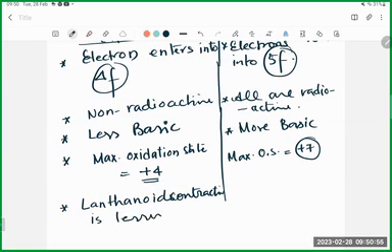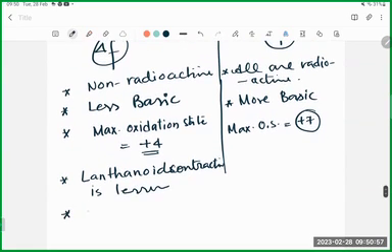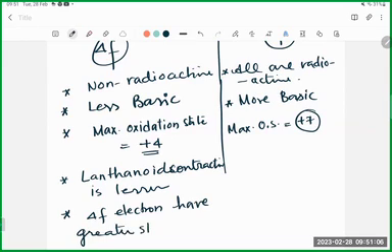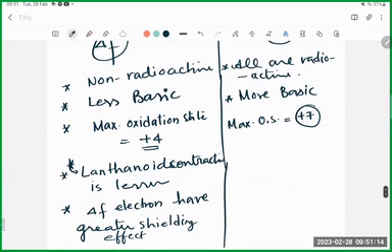So why is it less? The reason is 4f electrons have greater shielding effect. Sometimes they may ask you a reasoning question, so it is important.